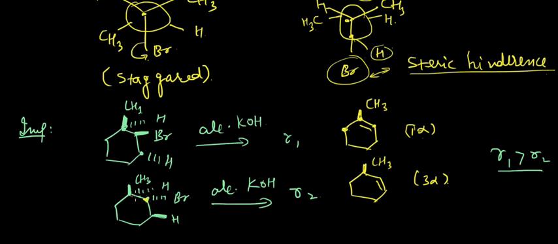Because in this case, on this alpha hydrogen, H and Br are syn to each other, whereas on this alpha hydrogen, Br and H are anti to each other, hence the double bond will be formed between these two carbon atoms. And we made a point in the characteristics of the reaction that the RDS depends on the stability of the intermediate alkene which is formed. Hence, in this case, in the RDS we have a more stable alkene than in the second case, hence R1 is greater than R2. So with this we end this lecture, and in the next lecture we'll be seeing some more examples. Till then, good luck and goodbye.